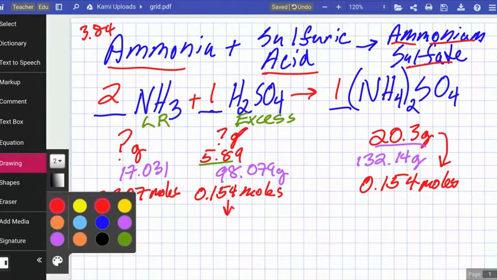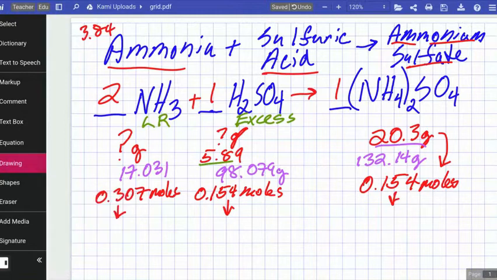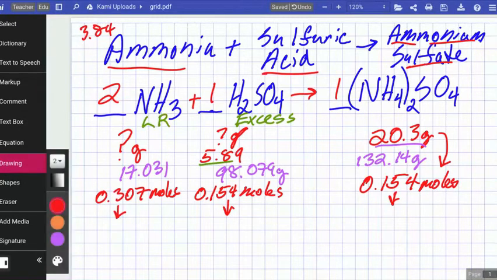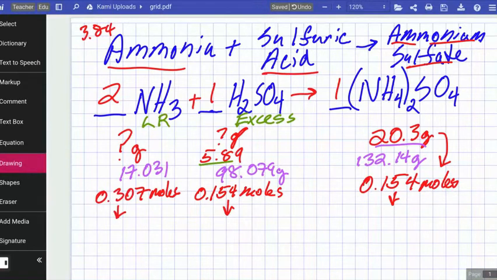Let's turn these all into grams, and you'll see what happens at the end. When I do the calculation, 0.307 is less than a mole, so it's definitely not going to be 17.031 grams. It's going to only be 5.23 grams. That's how much I must have used of my ammonia. That is 0.307 moles.